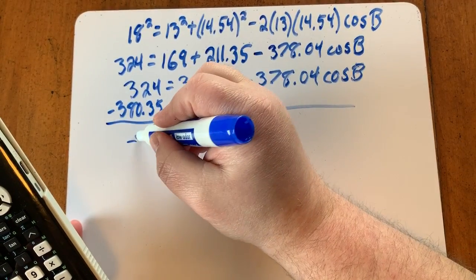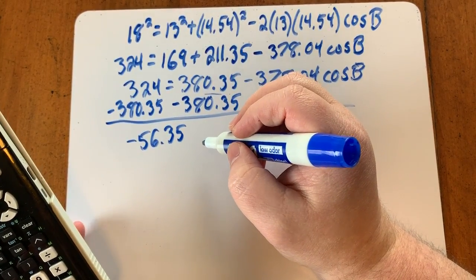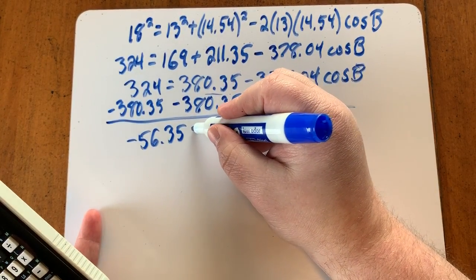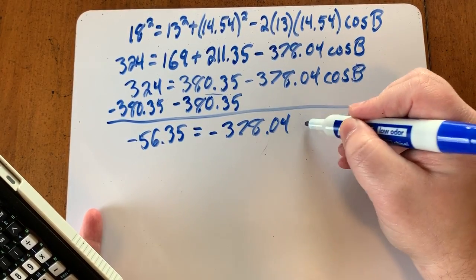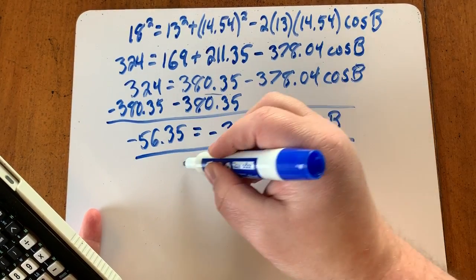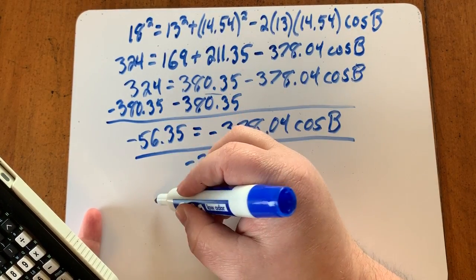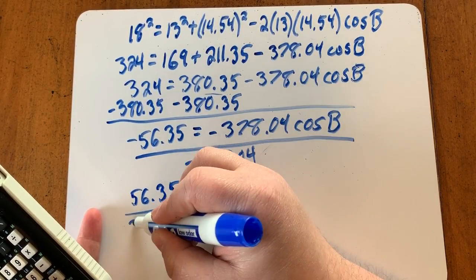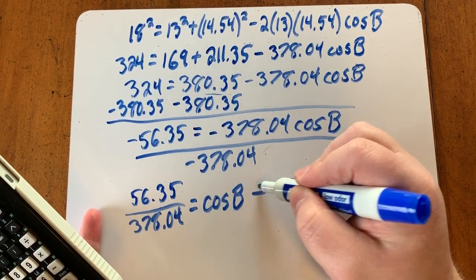That gives us negative 56.35 equals negative 378.04 cosine of B. So when we divide, negative divided by a negative is a positive. So it's 56.35 divided by 378.04 equals cosine of B.